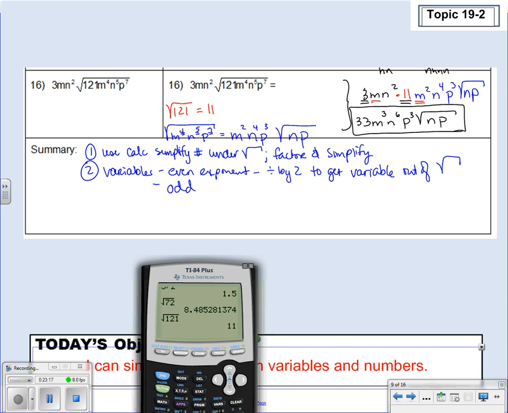If it's an odd one, this is the same as even, but have 1 left over, or I should say 1 remaining in the radical. And then last but not least, we put it back together.